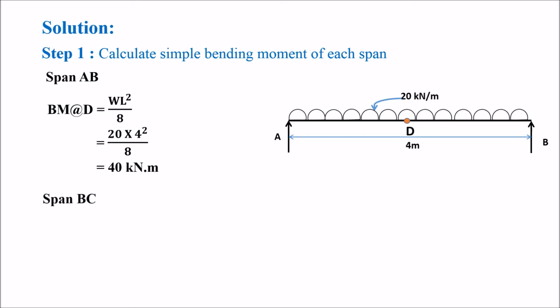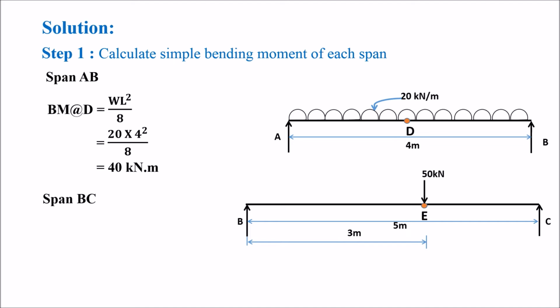Span BC. The 5 meter span BC is loaded with a 50 kilonewton point load which acts 3 meter from the B support. Mark point E under the point load and calculate the maximum bending moment.